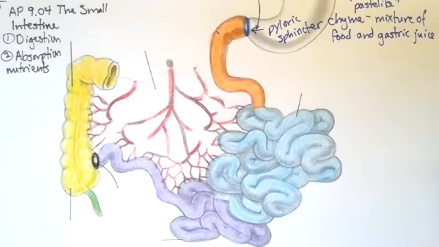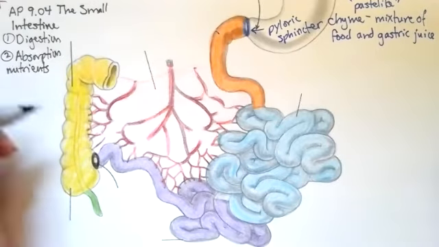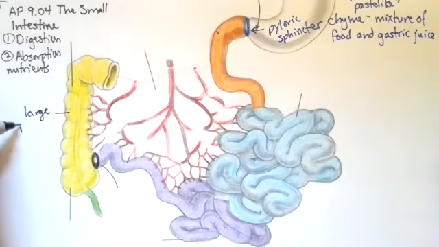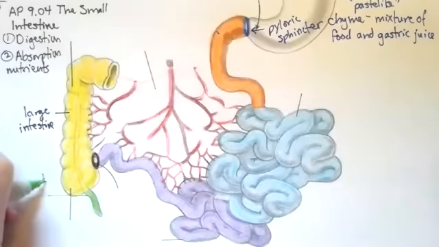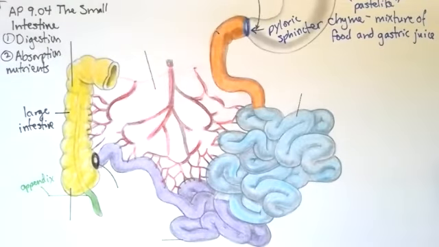So those are the two functions. We're not going to talk about the large intestine, but that's what we have here. And we're not going to talk about the appendix, but let's just note that this is the appendix. We'll talk about those in the next video.